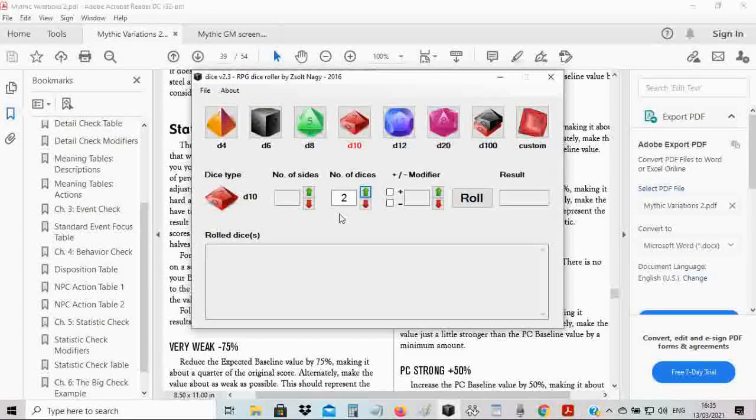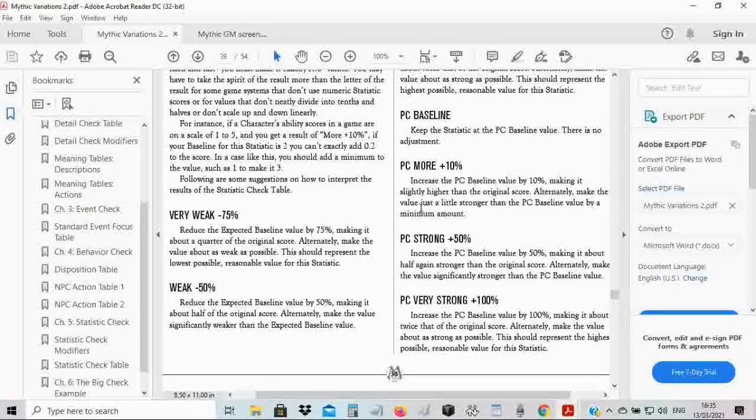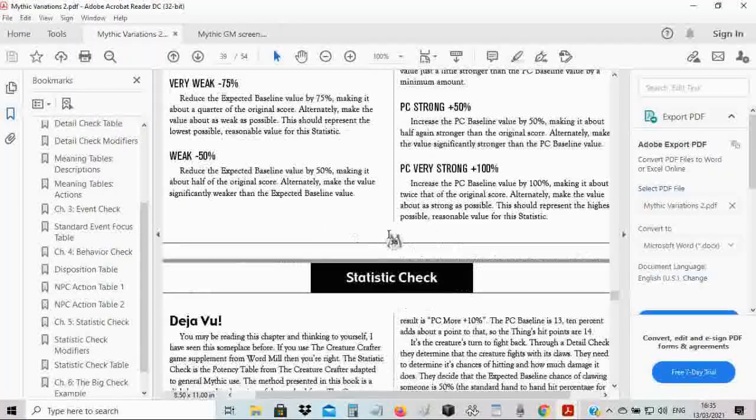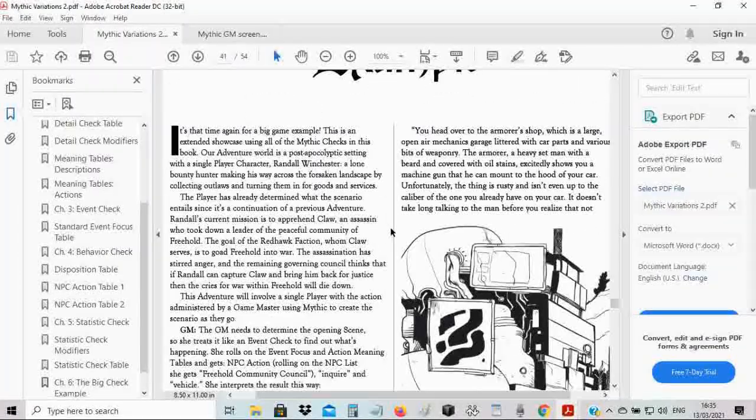Whatever comes out, we got a 50%. 11, that's already a yes, but that's not enough. So we get another 50%, rounded up, it's a 6, so 17. That means he really does hurt the vampire pretty good. So that's how the statistics checks work.